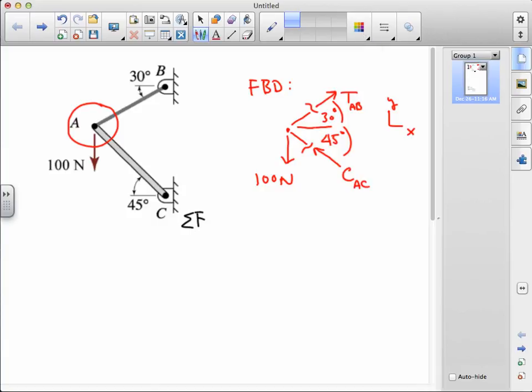If we write sum of the forces in X equals 0, we have TAB cosine 30 minus CAC cosine 45 equals 0.